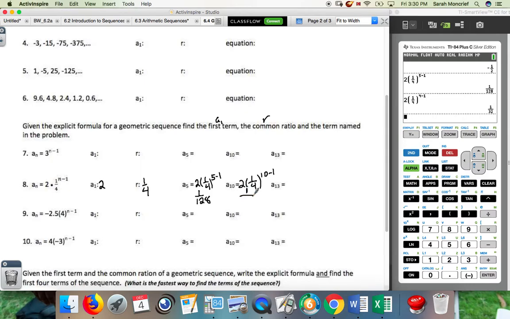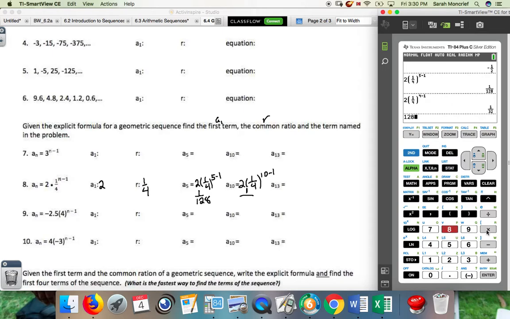But how did we get from this 32 to this 128? We multiplied by 4. So that means we can multiply 128 by 4 up until we get to 10. So that was the 5th term, so times 4. There's the 6th term, times 4.